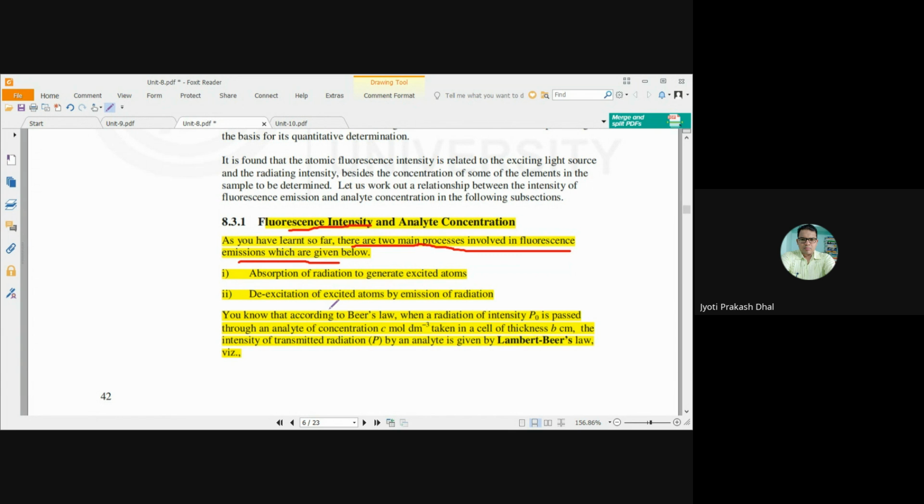The first one is absorption of radiation to generate an excited atom, and the second one is de-excitation of the excited atom by emitting electromagnetic radiation of a particular wavelength or frequency. These two steps are involved in the fluorescence emission for any type of analyte.